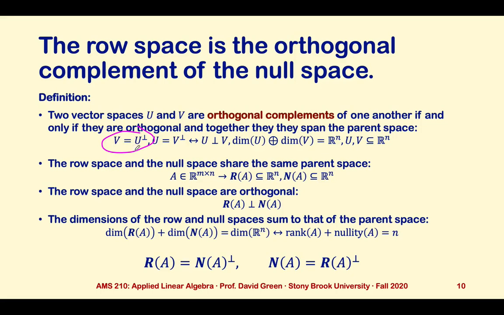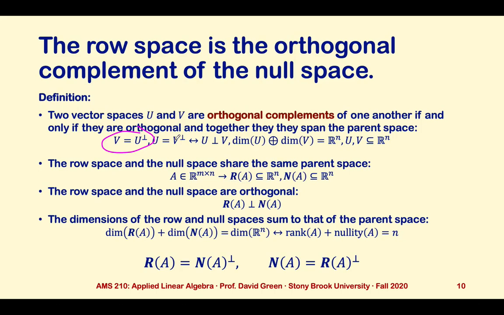V equals U superscript. Orthogonality means that V is the orthogonal complement of U. And it's a reciprocal relationship. If V is the orthogonal complement of U, then U is the orthogonal complement of V.